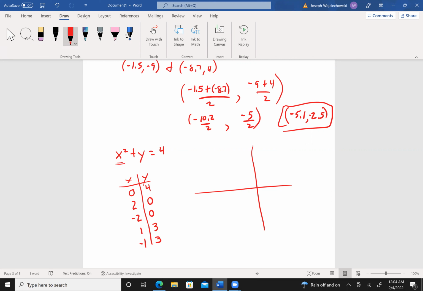So we have the points 0, 4, 2, 0, negative 2, 0, 1, 3, and negative 1, 3. So we're looking at a shape something like this. And later on, you'll become quite familiar with that shape. So that's how we plot by plotting points.